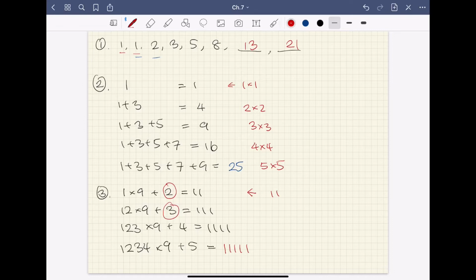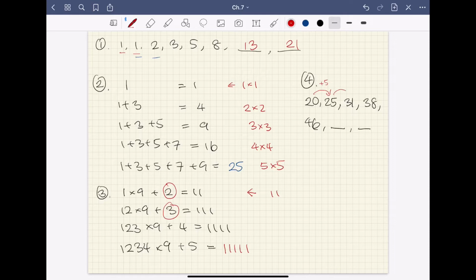Okay, let's do one more. Example 4. The pattern is 20, 25, 31, 38, 46. What are my next two terms? From 20 to 25, it's adding 5.